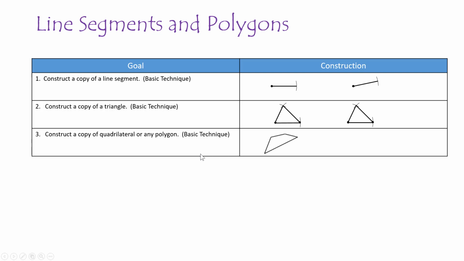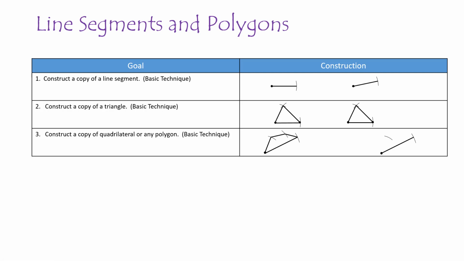Now you can also copy a quadrilateral or any polygon. So here's a quadrilateral, and the way I suggest you do it is you start with the long side and you measure that, and then you draw it. And then you start with one end of the long side and you measure to the first open vertex, and you draw an arc for that.